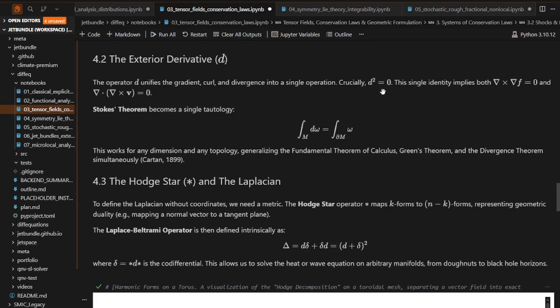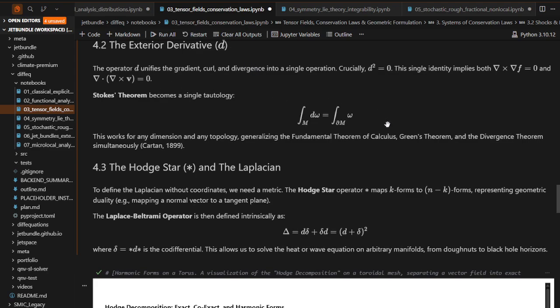That implies that there's no curl of a gradient or no divergence of a curl. All of the vector identities that you memorize in Griffiths' E&M textbook or whatever are encoded within the exterior derivative. We get it for free.